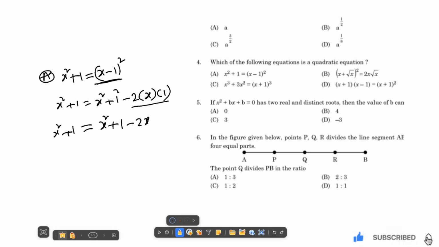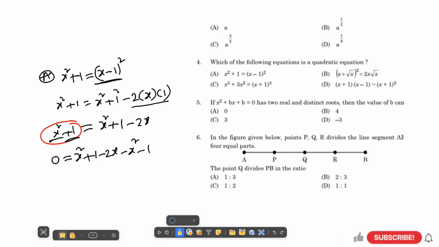So do one thing, send all the left side things to the right side. So 0 is equal to x square plus 1 minus 2x already on the right side. If you send x square to the right side, it becomes minus x square. If you send plus 1 to the right side, it becomes minus 1.